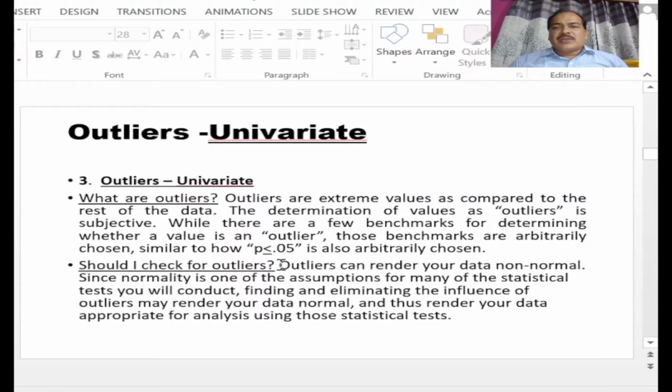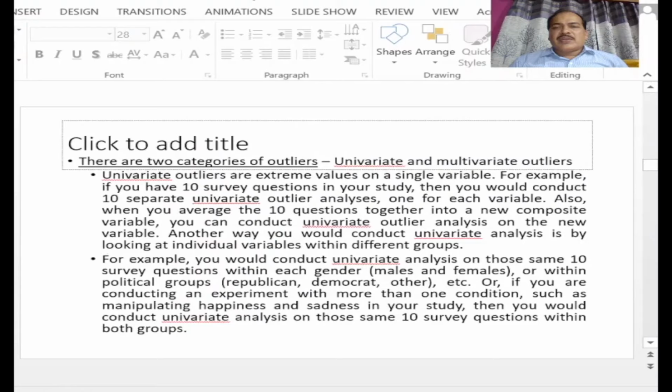Unless our data qualifies the test of normality, we will have to go for the non-parametric techniques, which many researchers don't prefer, because for any data which is not normally distributed, the results or findings cannot be generalized.